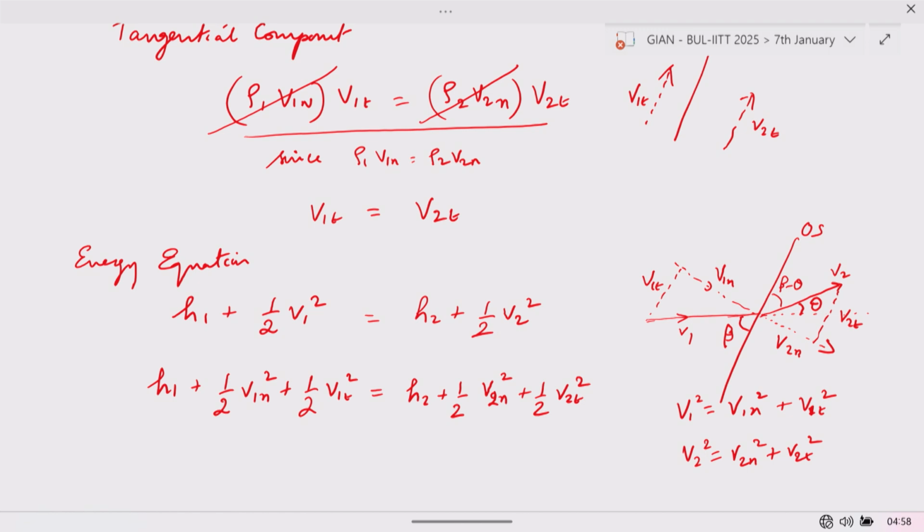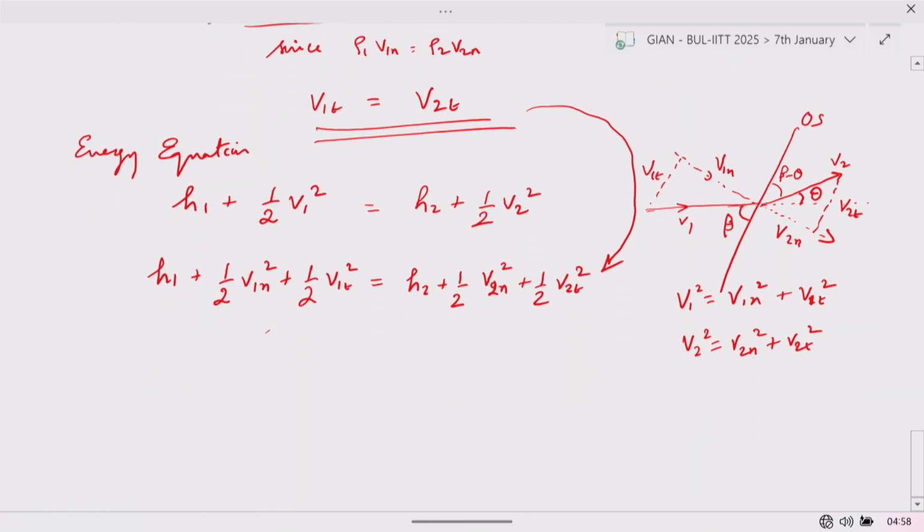From what we have deduced before, V1t is equal to V2t. Now, applying this condition to the energy equation, the kinetic energy contributions coming from the tangential components are the same on either side, so they cancel off.